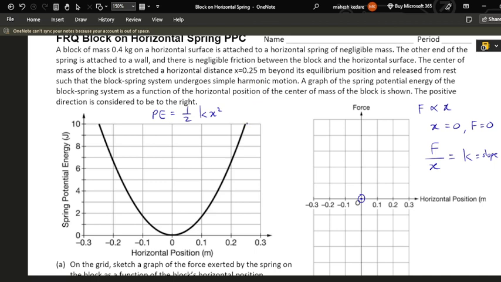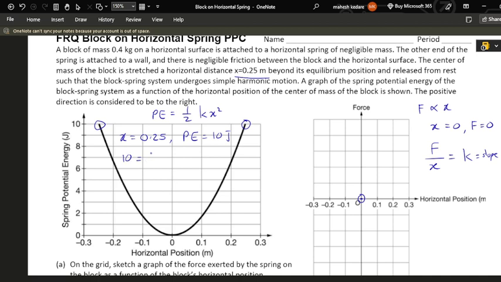If you look at the graph, the maximum potential energy corresponds to these 2 points, and the maximum potential energy is 10 joule, at the position x equal to 0.25 meter. So here we have x equal to 0.25 meter, and the potential energy there from the graph is 10 joule. You substitute x equal to 0.25 and potential energy 10 joule here.